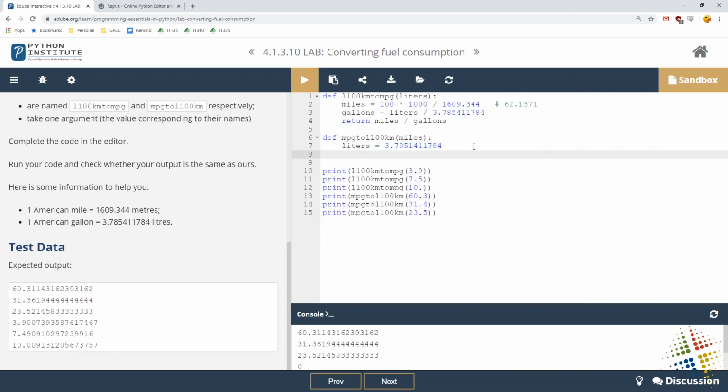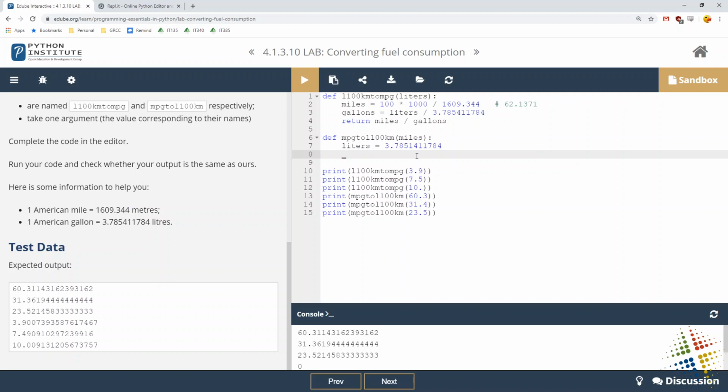All right, so now we need to figure out how many miles we've actually gone off of that, or more specifically, how many kilometers. Well, how do we figure out how many kilometers we have? We multiply our miles by 1609.344.